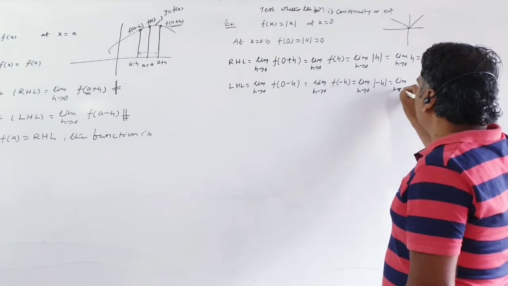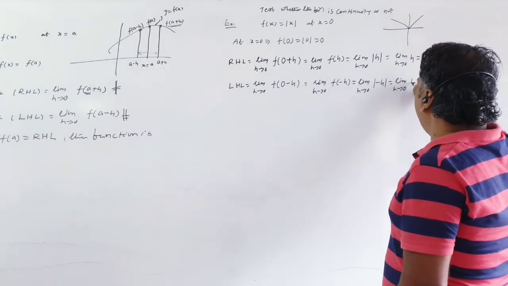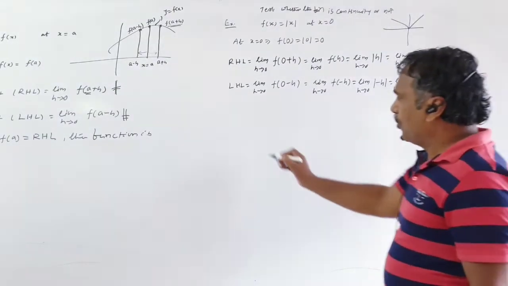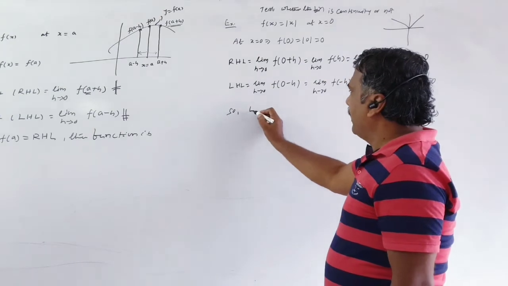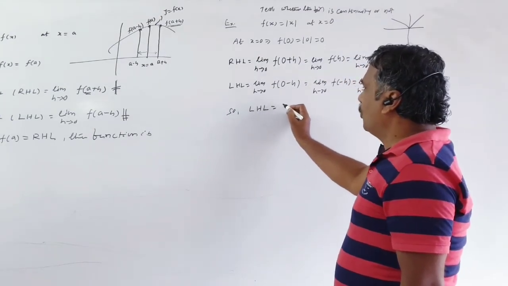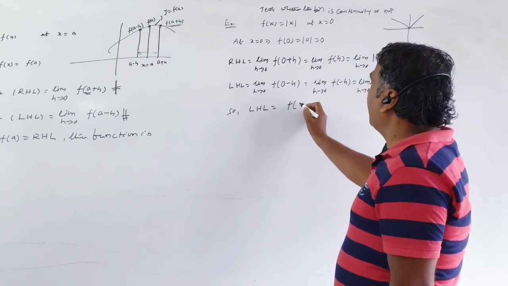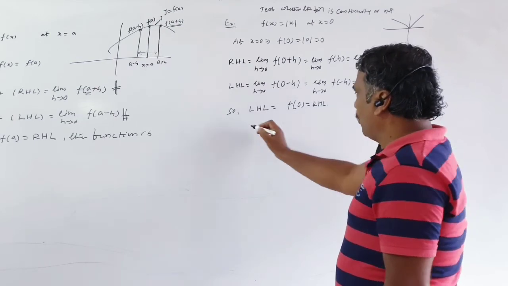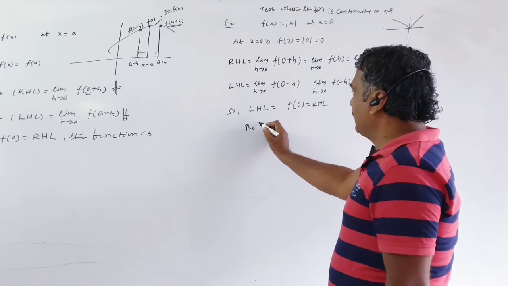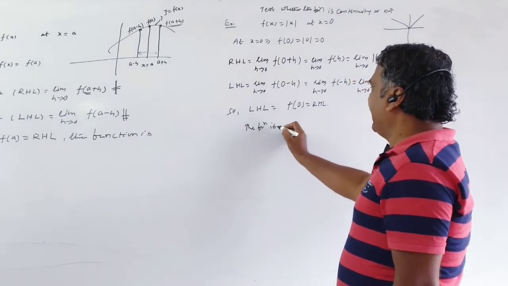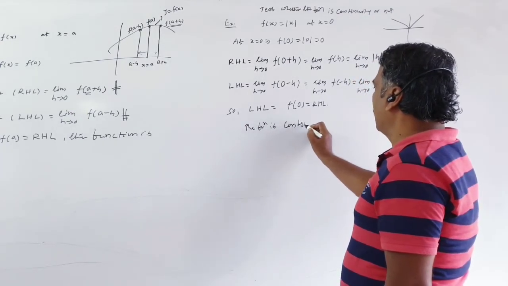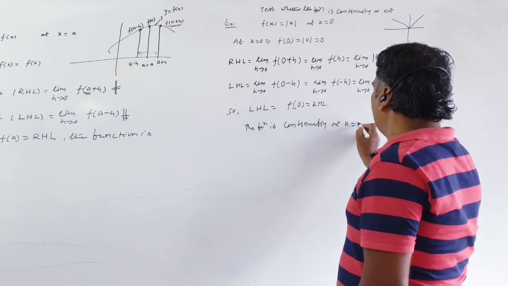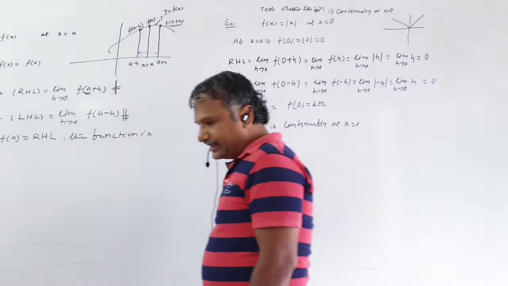Now mod is always positive, so this is 0. So the left hand limit equals f of 0 equals the right hand limit. So the function is continuous at x equal to 0. This is one example.